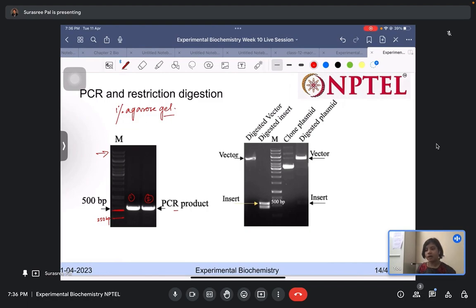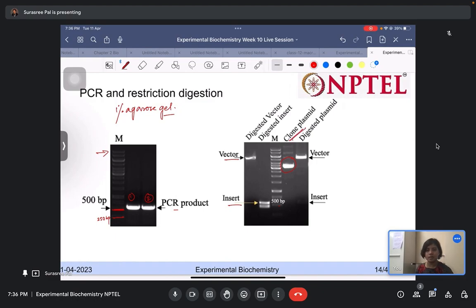For confirming that, we again digest the plasmid with the same restriction enzymes, and here you can see that this is the digested vector, this is the digested insert, which is 500 base pair in length, and this is actually the clone plasmid. So the clone plasmid contains the plasmid as well as our gene of interest, right? And when we digest this particular plasmid, we can see that this is the vector and this is the insert that has been digested.